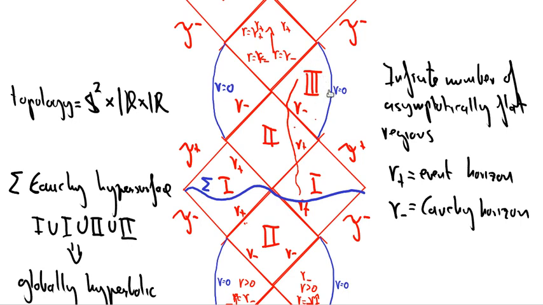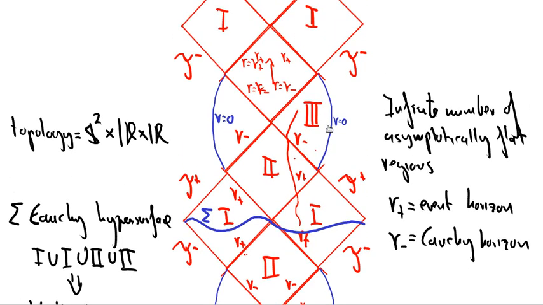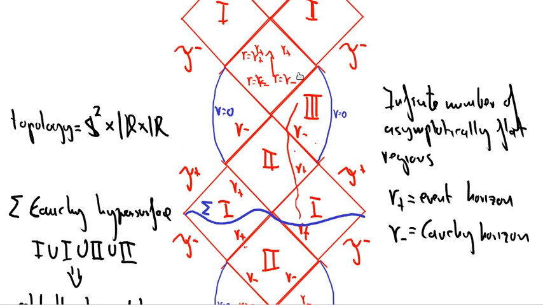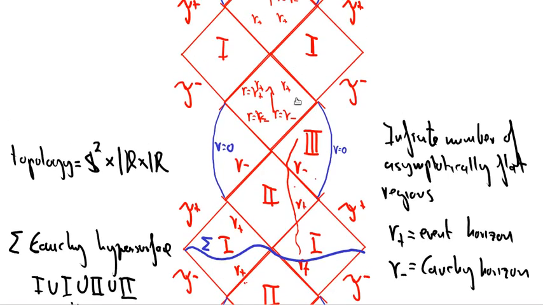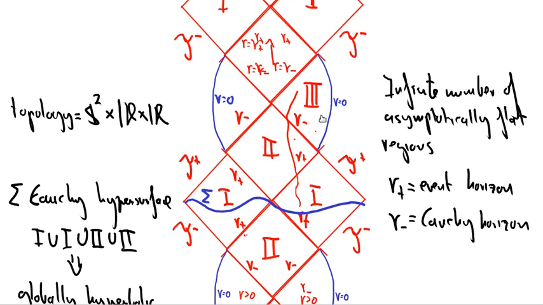Since the singularity is time-like, information can be created at the singularity, and it can get to other sets of the space-time. So what this means is that region 3 is not going to be globally hyperbolic, because we cannot draw a Cauchy hypersurface in this region.